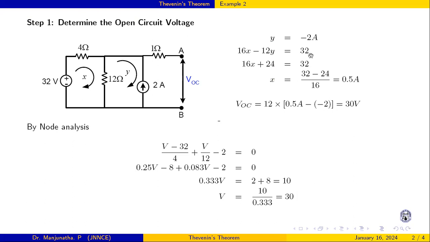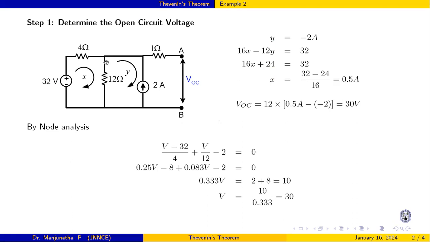So that is equal to 32 volt. 16X minus 12 of minus 2, it is 24, equals 32. Then X is equal to 32 minus 24 divided by 16, which is 0.5 ampere.